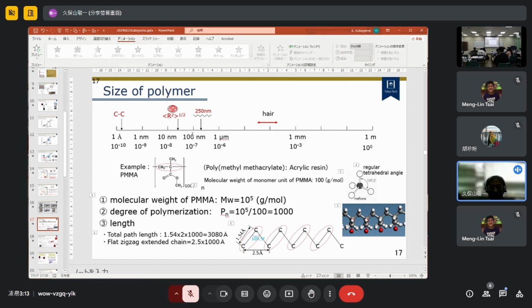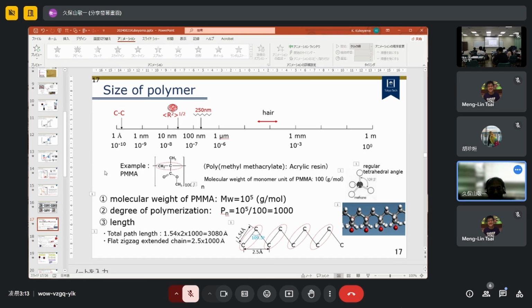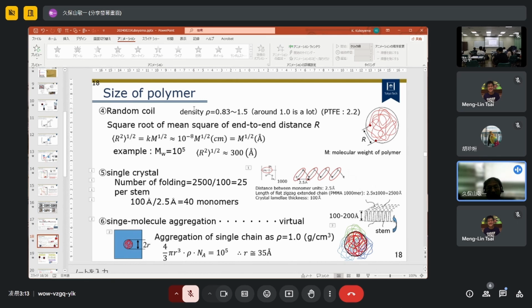And in the next slide, we think about the size of the random coil of the polymer chain. That is also about several tens of nanometers. Normally the density of the polymer is around 1.0. And when you think about the square root of the mean square end-to-end distance R, this one is one end of the polymer chain, and another end is here.